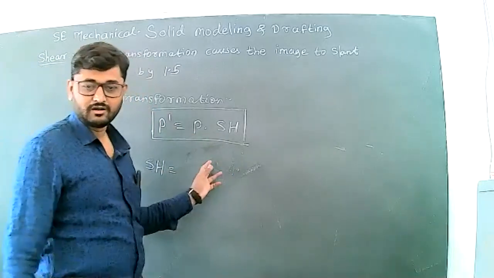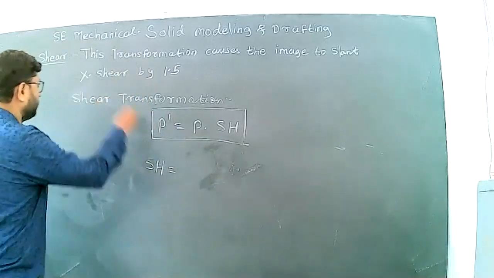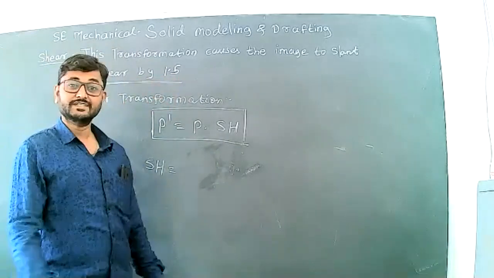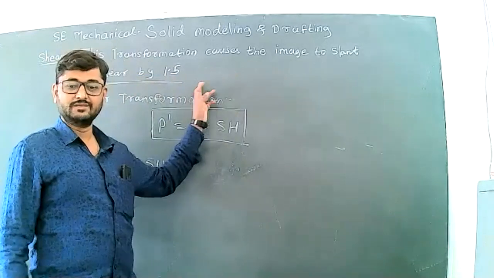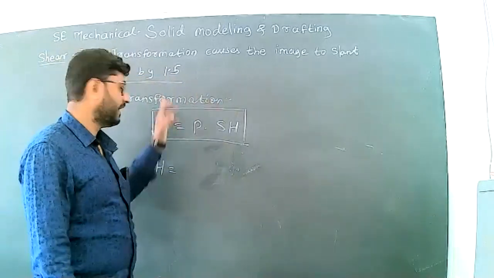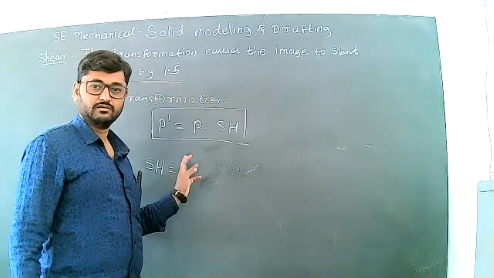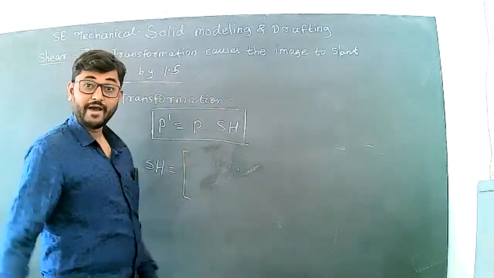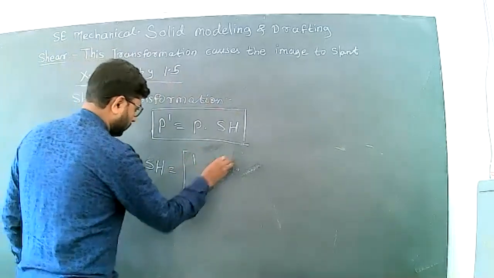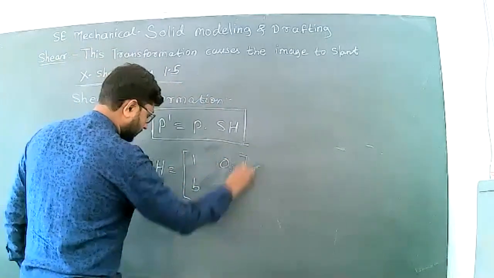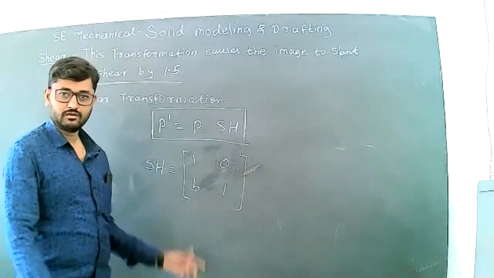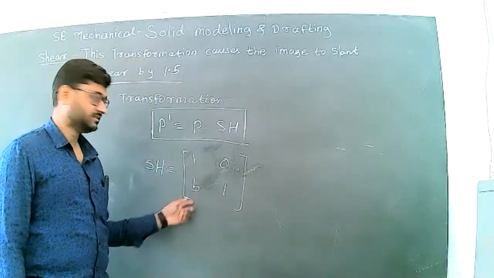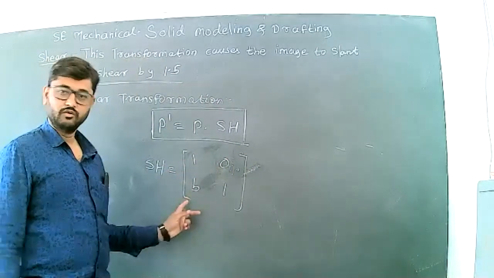So SH is nothing but shear, and for x shear by 1.5, 1.5 is the amount of shear. Here we consider one simple example. For x shear, the shear formula in the form of a matrix is [1 0; b 1].